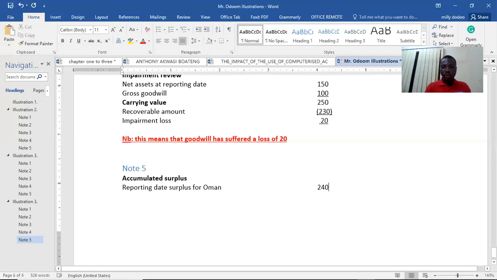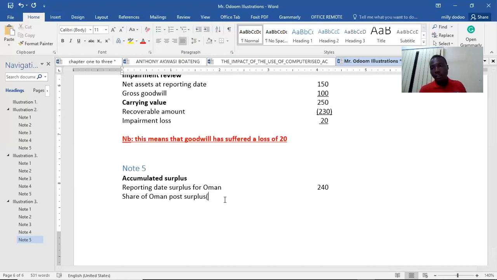Then the next thing you do is that you find the share of Oman post surplus. To get the post surplus, it is the net asset at reporting date minus net asset at acquisition date, which gives you your post acquisition surplus.